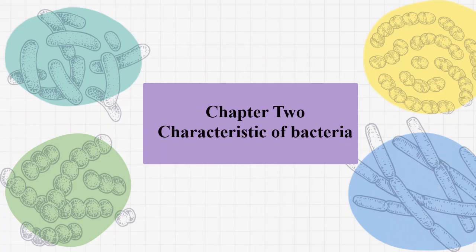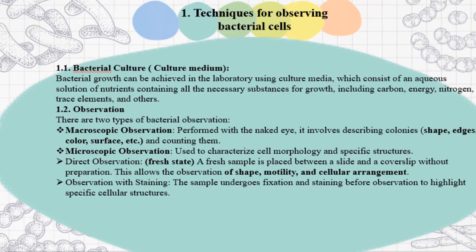The second chapter is about the characteristics of bacteria. In this chapter, we focus on bacteria. We study how they grow in the lab and the techniques used to observe them with the naked eye and under the microscope.